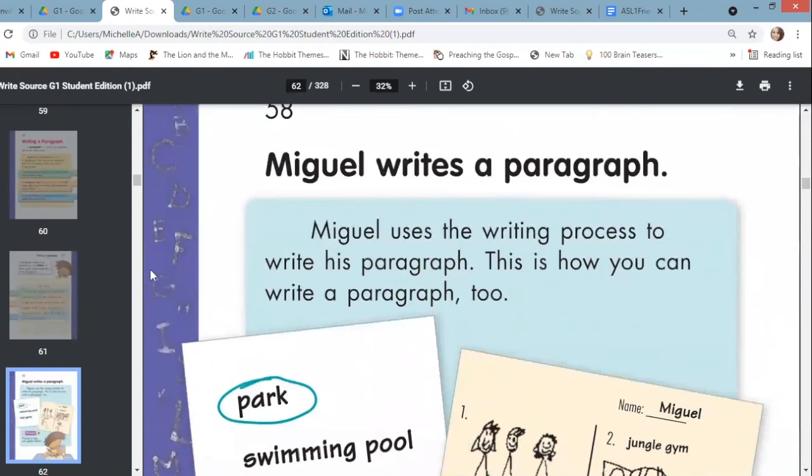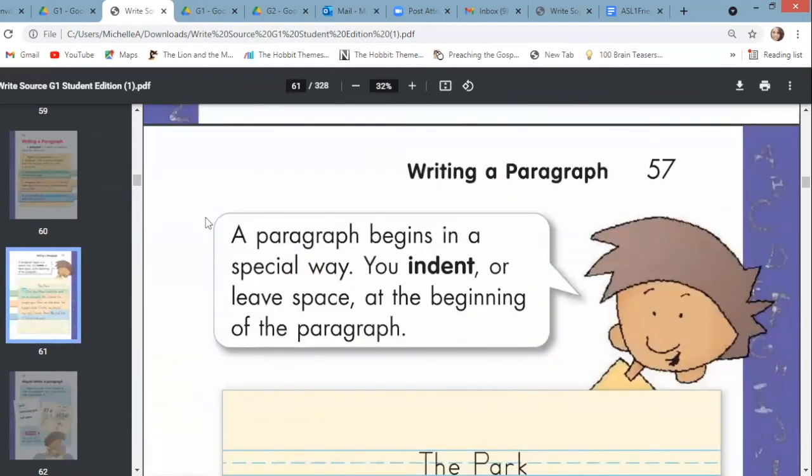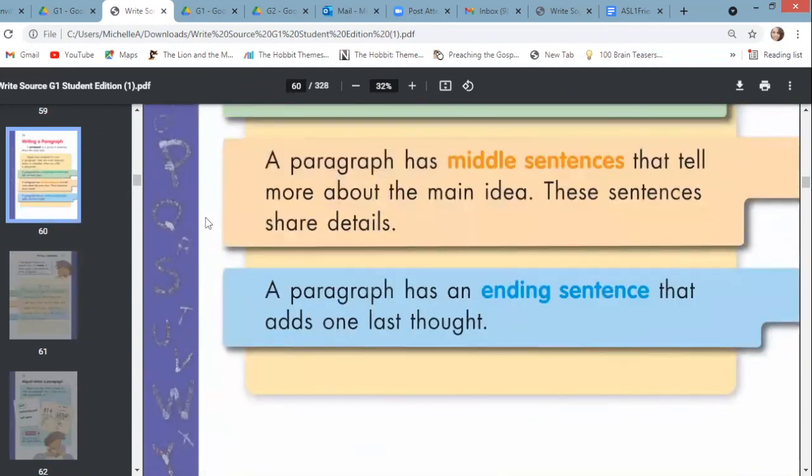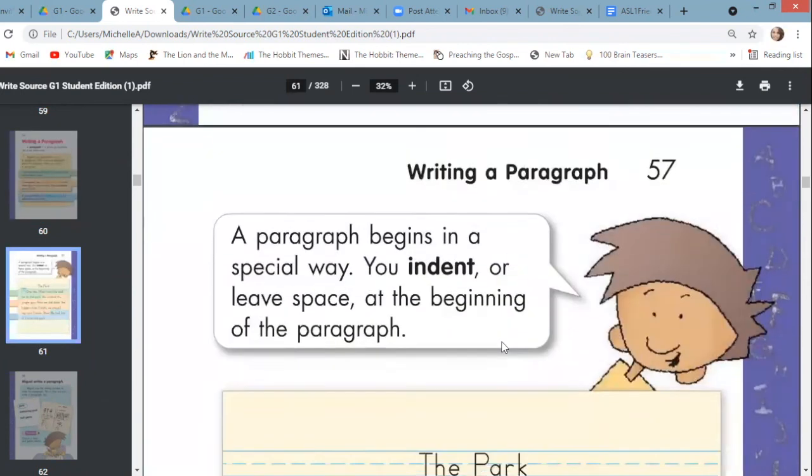Is the green part the introduction, the orange part the middle, the details, and the blue the conclusion? That's right, like an ending sentence. So in the middle sentences, you're going to add an example if you want, but you're giving details, okay? And then, of course, the concluding sentence, which ends your paragraph.